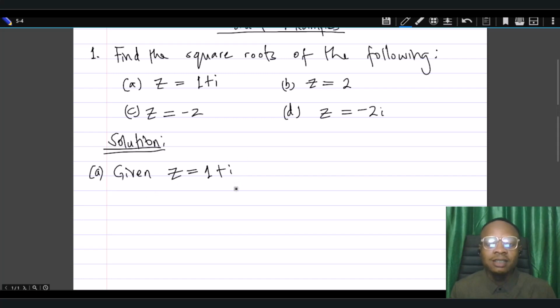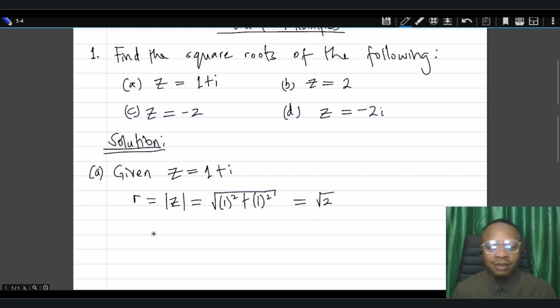We'll get the modulus of this complex number and get its argument first. The modulus, denoted as r, is equal to the modulus of z, which is the root of the real part 1 squared plus the imaginary part 1 squared. So that is obviously the root of 2, right?